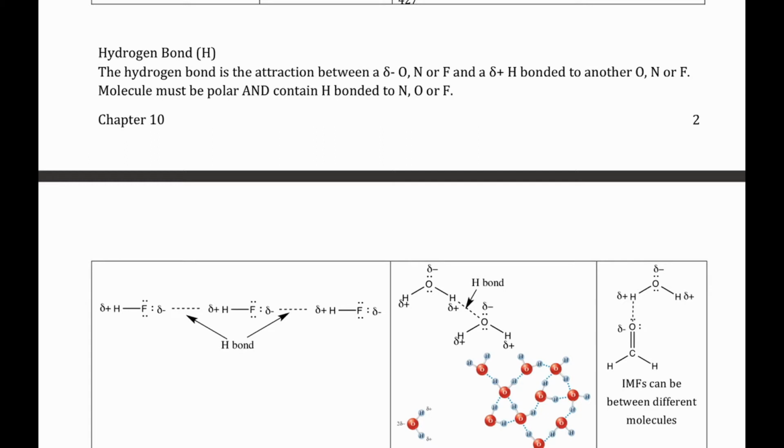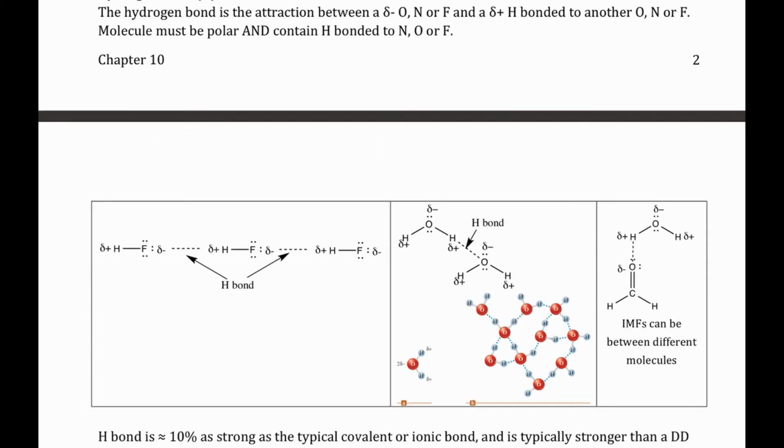So what happens is when there is H bonded to either N, O, or F, we end up with a very strongly partial positive end on the H and partial negative end on either the N, O, or F, whichever is present. And those atoms are all very small, so they can get close together. They're more highly charged. What we end up with is a very strong partial positive, very strong partial negative. That attraction we call the hydrogen bond.